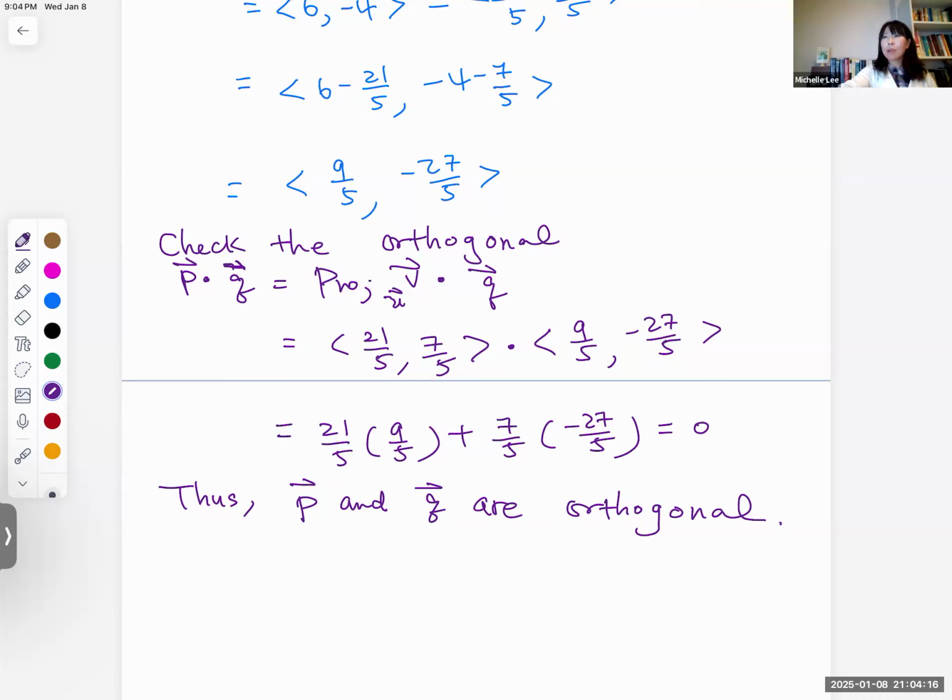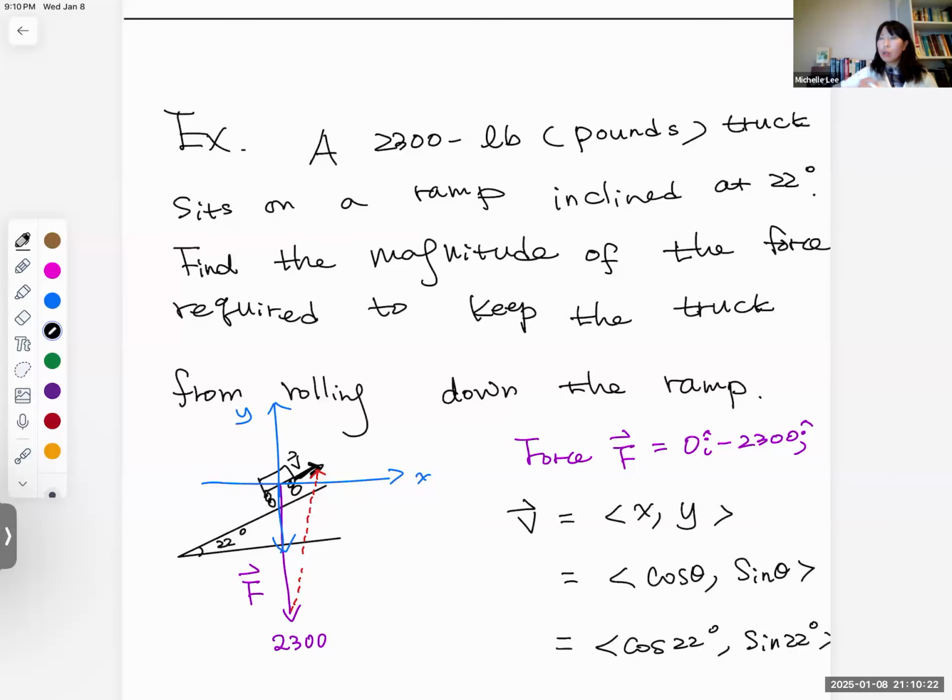Okay. Now we have two applications. So let me make a copy and paste here. Okay. So we have an application here. Why are we using the projection?